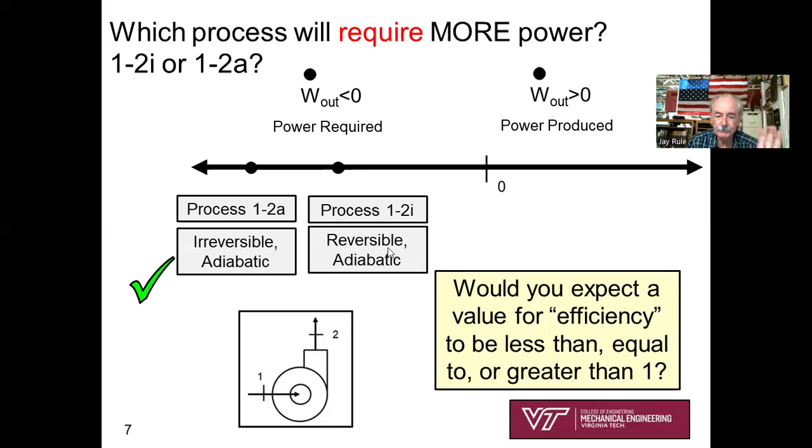Hope that helps you visualize, use Common Sense 101 to figure out pump efficiency, because you're seeing the drill now. This is copy and paste. You'd expect a pump efficiency to be a number less than 100%, less than 1.0. So before we go to the next slide, you've figured out what pump efficiency is going to be.